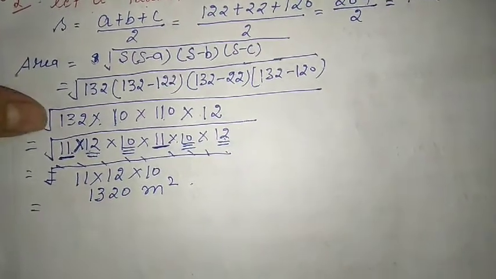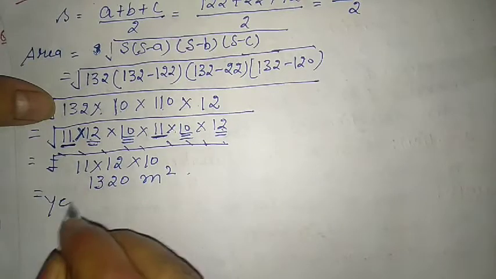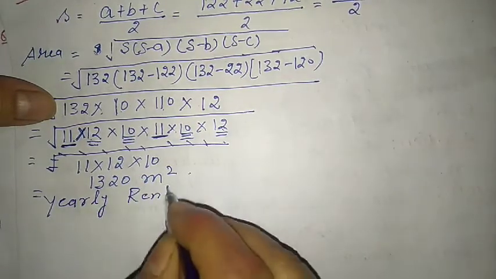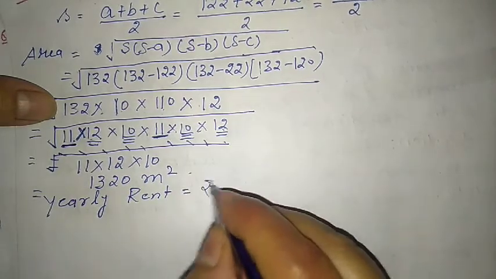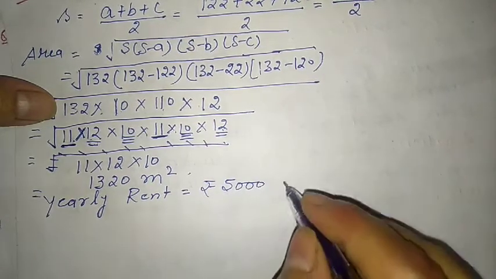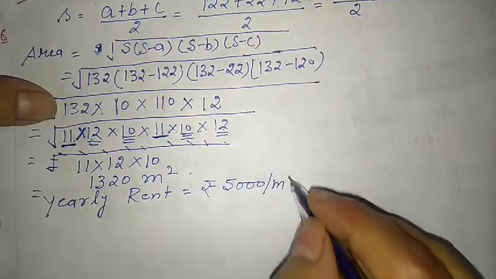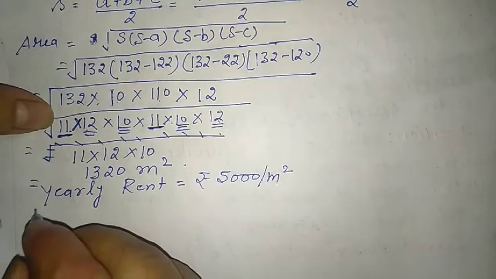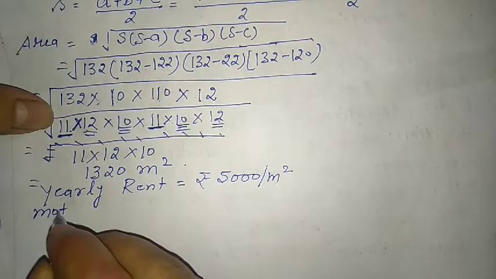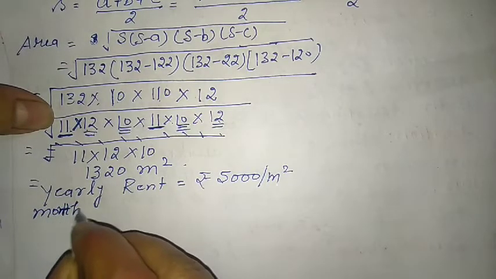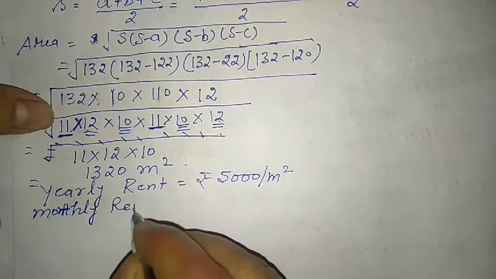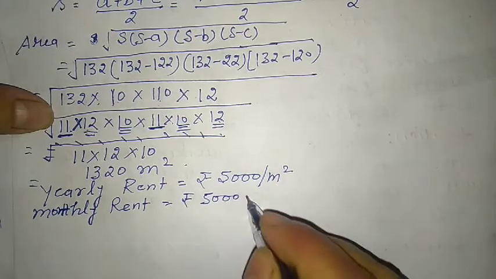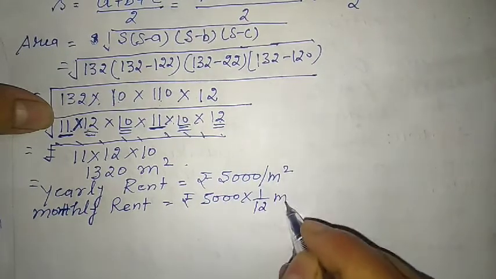This we got here. Now the yearly rent is given, that is rupees 5,000 per meter square. We have to find the monthly rent for 1 month, so we have to divide this by 12 per meter square.